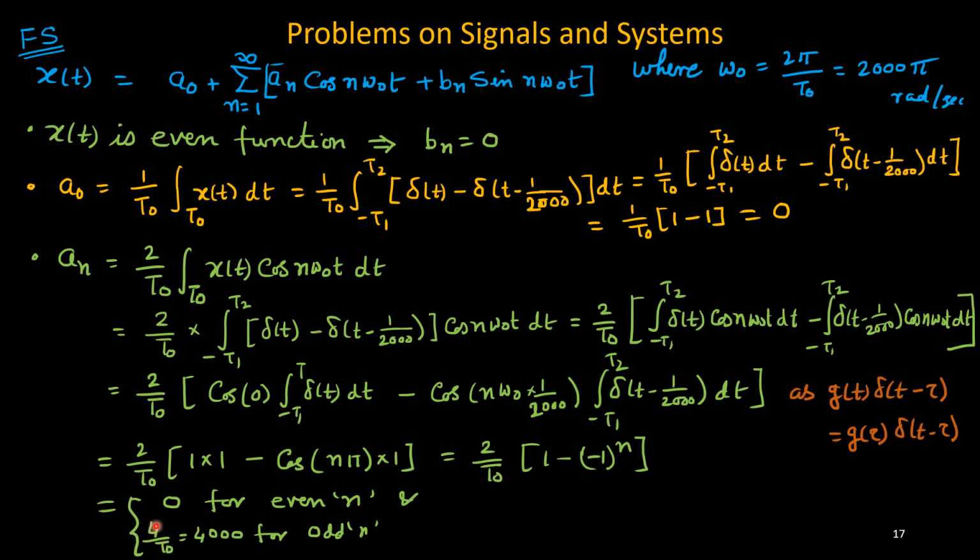Thus this is 4000 for odd n. Means for n equal to 1 it is 4000, n equal to 3 it is 4000, n equal to 5 it is 4000, n equal to 7 it is 4000, like that. But for even n, like 2, 4, 6, every time it is 0. So aₙ we have computed, a₀ we have got, it is 0, bₙ is also 0. Okay, so now we can find the Fourier series expansion of x(t).